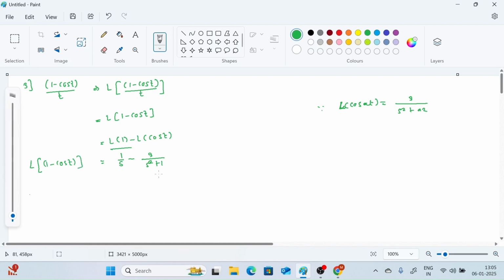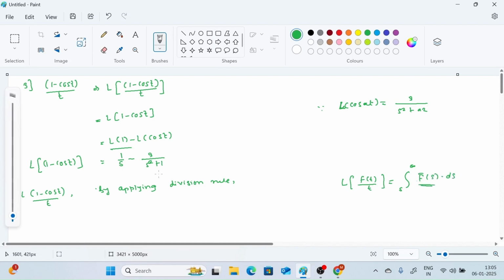Now what we have to find? We have to find Laplace of 1 minus cos of t upon t. So I will directly mention, by applying the division rule. What is the division rule? Laplace of f of t upon t is equal to the integration from s to infinity of f bar of s ds.